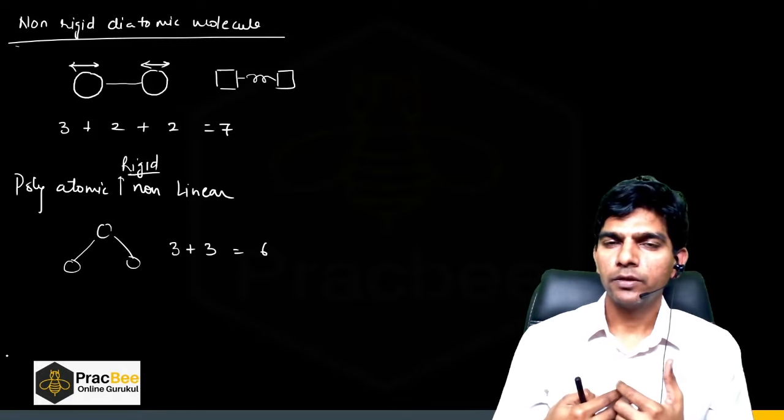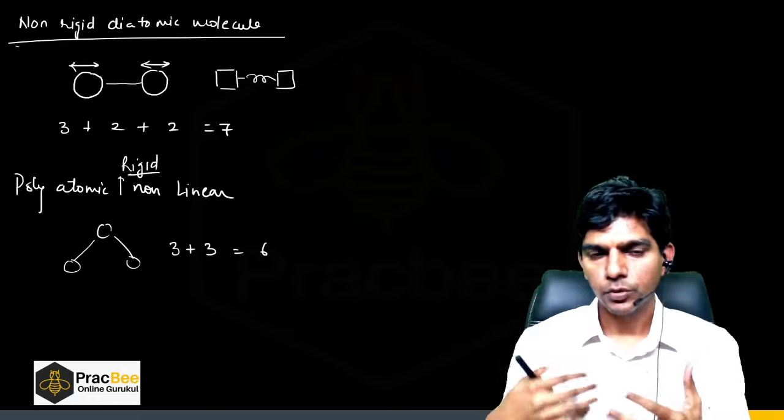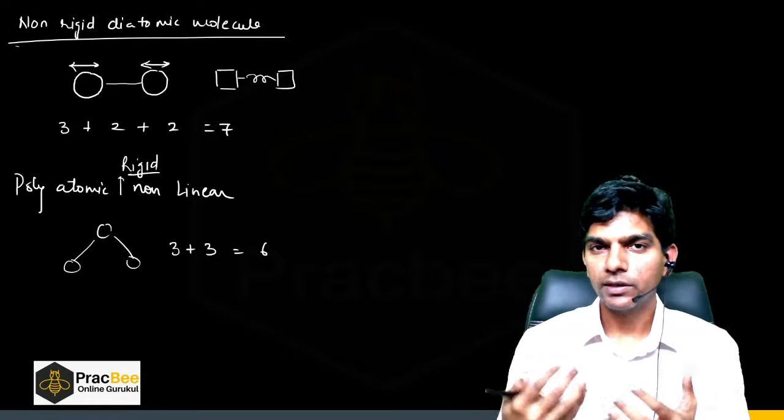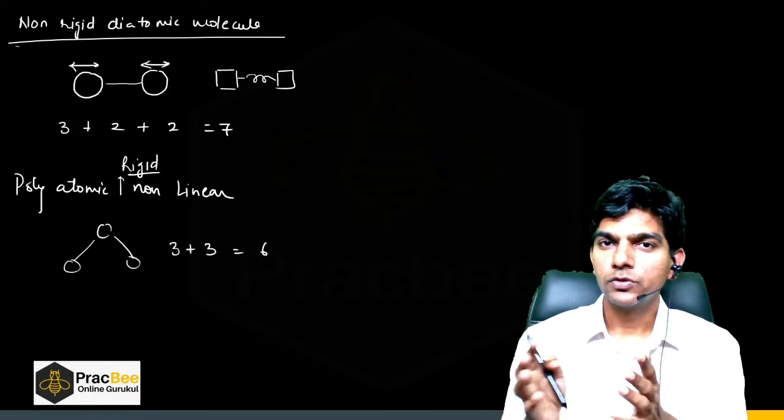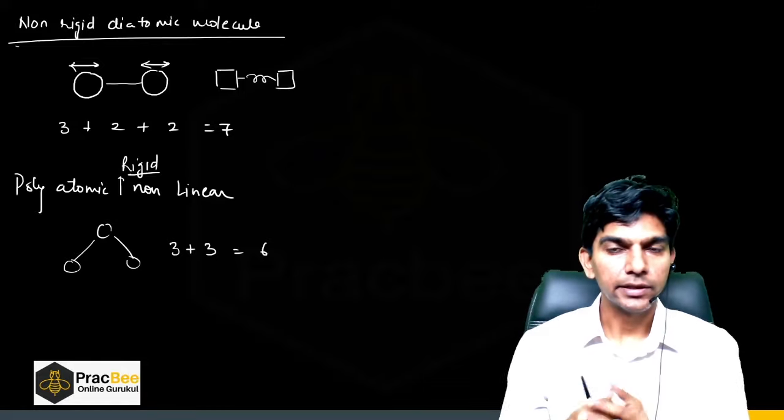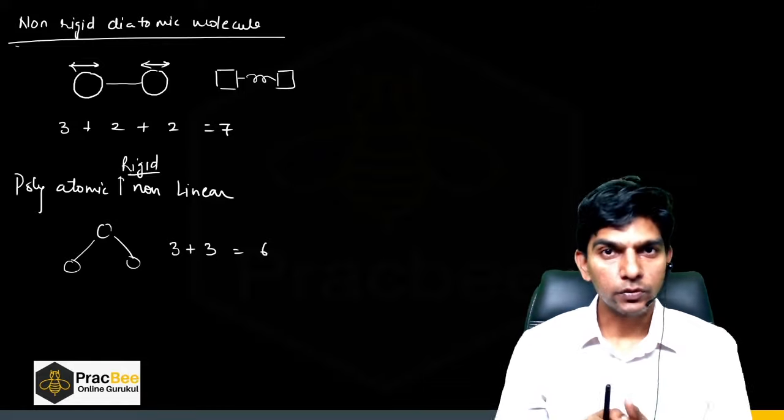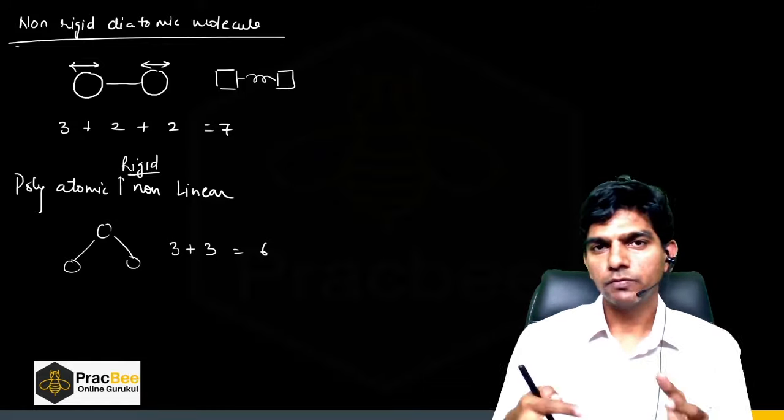Now, suppose in the question they give you a polyatomic molecule, non-linear, and it is also vibrating, so the bonds are flexible. In that case, the vibrational mode will be given to you. Suppose the vibrational mode is X, let me give you a case.